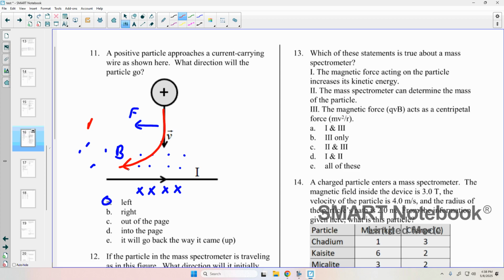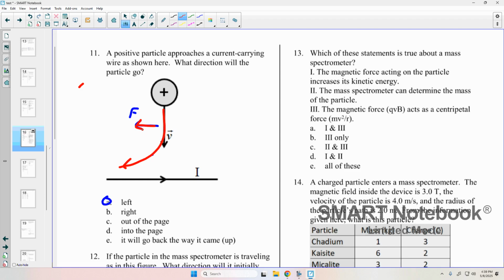Okay, let's step through that actually. Let me erase everything and we will just redo that question. It's the same answer. So if I have a particle that follows that path, that means that the force is to the left, which means that my velocity vector is down, my force is in that direction.